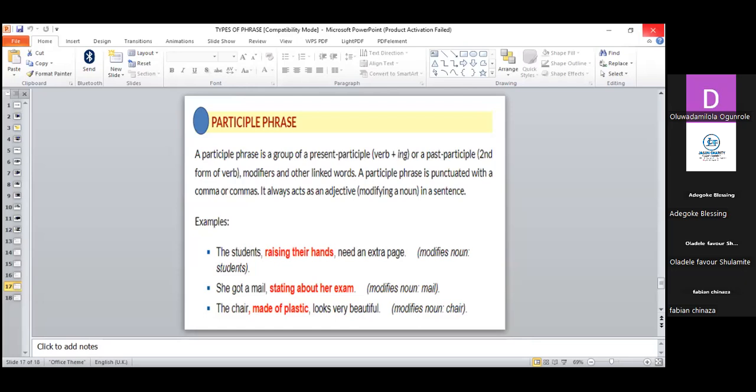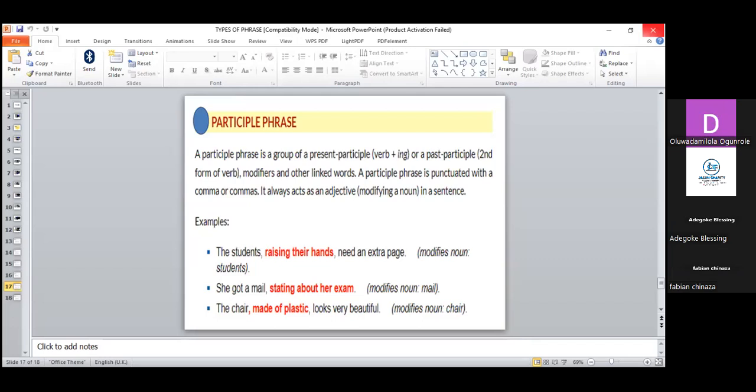I can say the students need an extra page. I can say she got a mail. I can say the chair looks very beautiful. But in a way to explain or give more information about the students, about the mail, or about the chair, then we have employed the participle phrase.